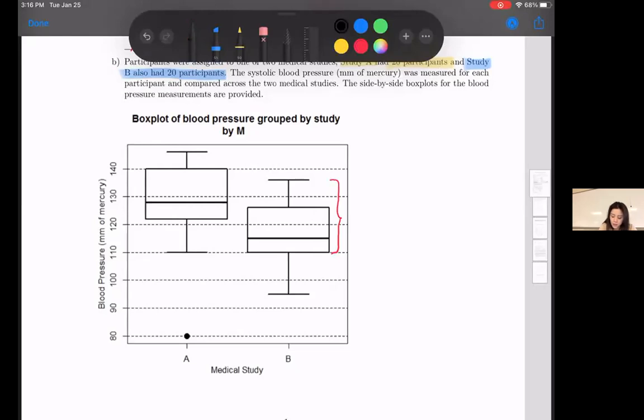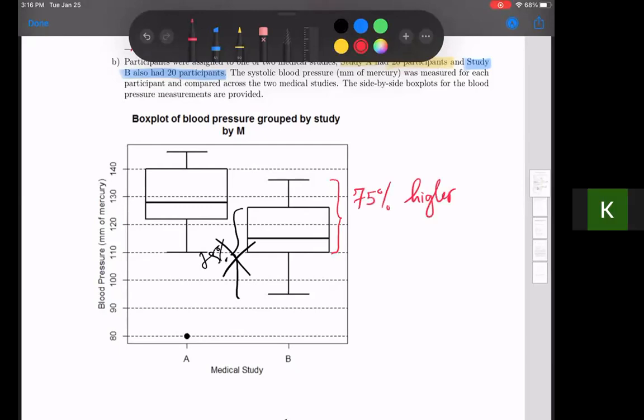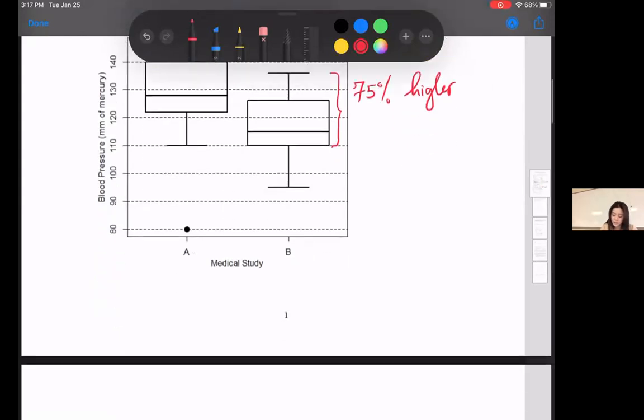Why do I choose the red part but not this part? You might say, Mimi, that's 75%. But we want 75% what? Above. Yeah, higher. They say higher, not the 75% quartile, right? So 75% higher, from the highest down to 75%, is 110.